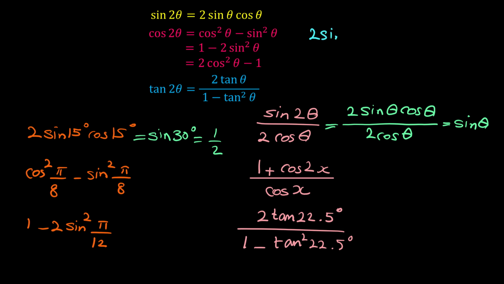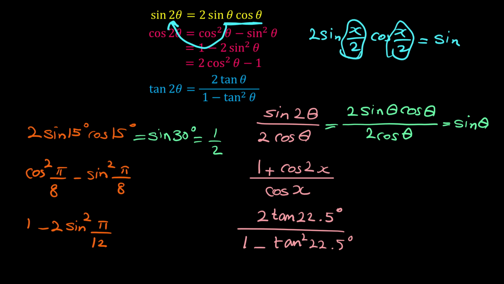2 sine of x over 2 cosine of x over 2. This equals what? This equals sine of double of these angles. Here is theta, the other side is 2 theta. So if here is x over 2, this side would be double of x over 2. What is 2 times x over 2?